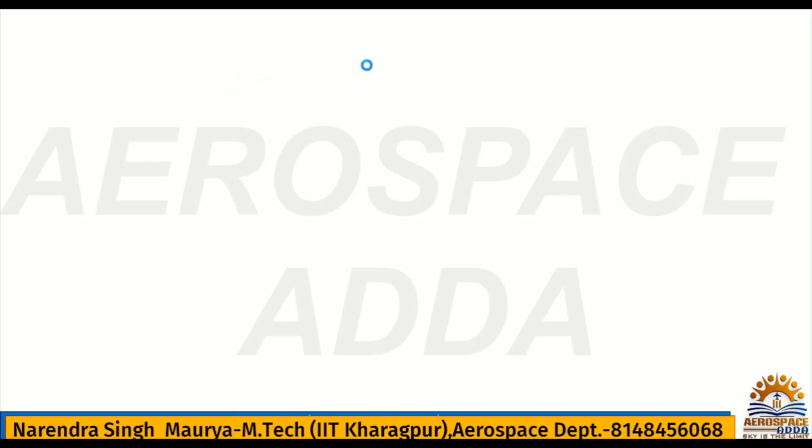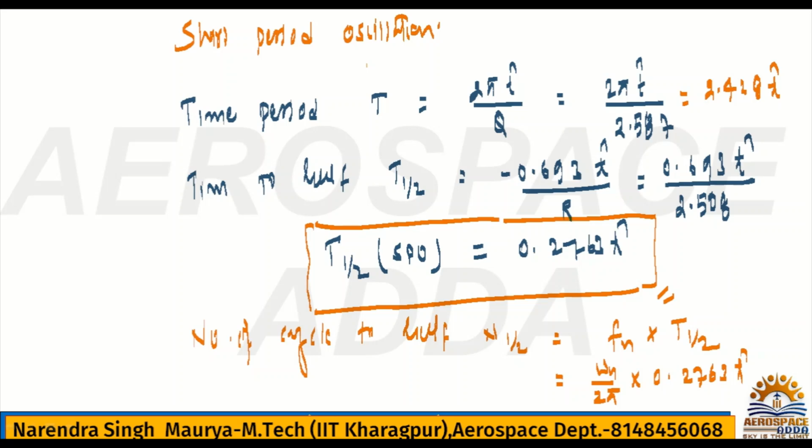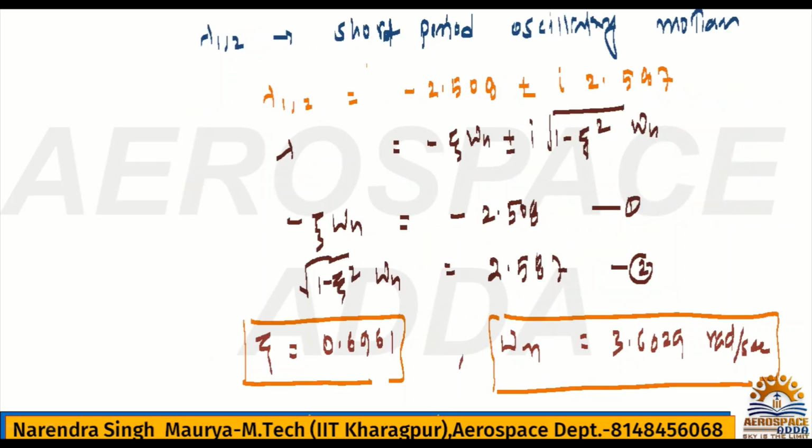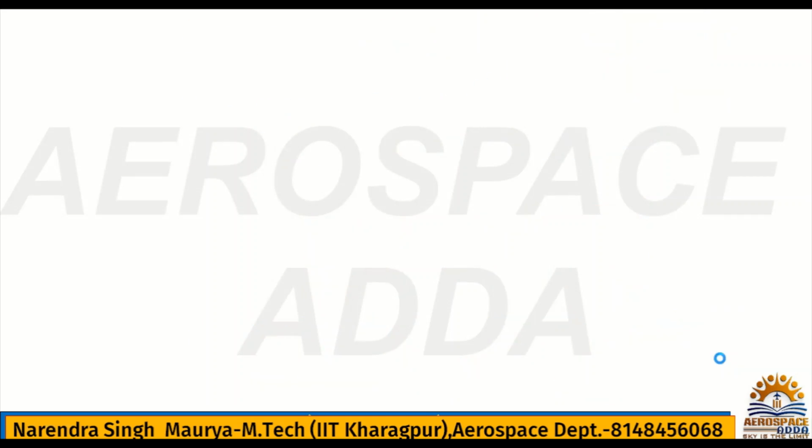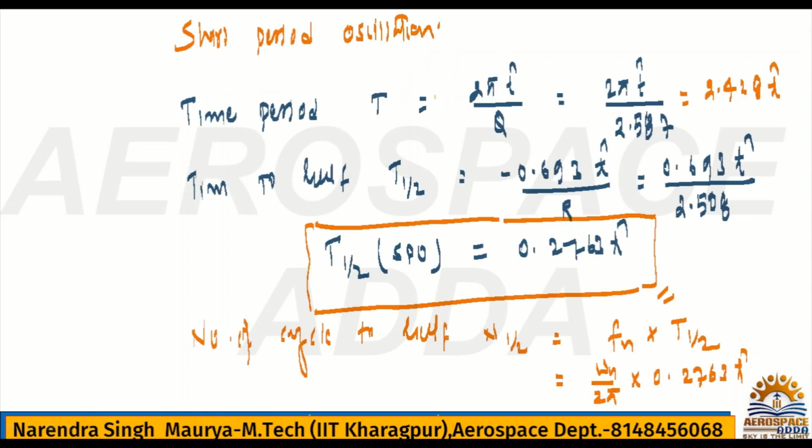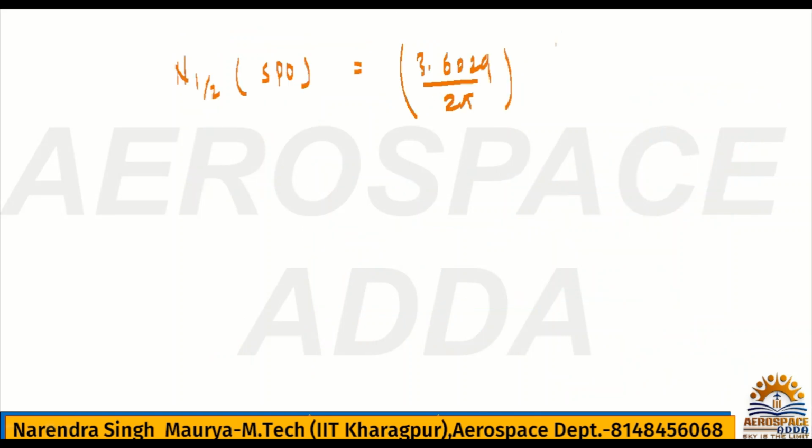If you see the n half, the number of cycles to half for the short period oscillation, SPO, just now here you have calculated omega n. What is the omega n for the short period oscillation? Here you have written 3.6029. See this value, 3.6029, divided by 2 pi into time to half, which is 0.2763 in terms of T cap.